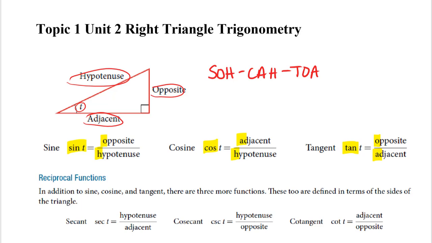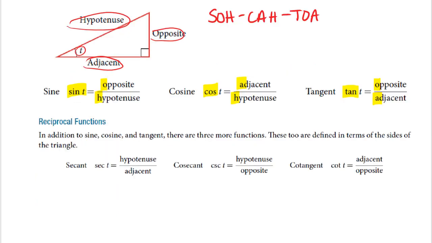In addition to these trigonometric functions, we have what's called the reciprocal functions. And these are secant, which is hypotenuse over adjacent, cosecant, which is hypotenuse over opposite, and cotangent, which is adjacent over opposite.